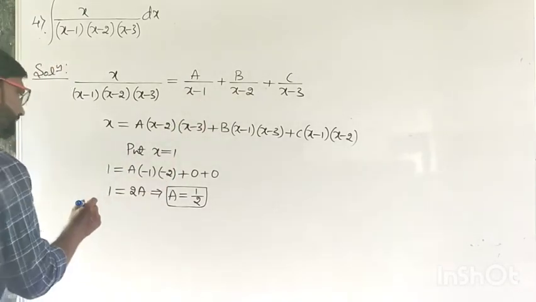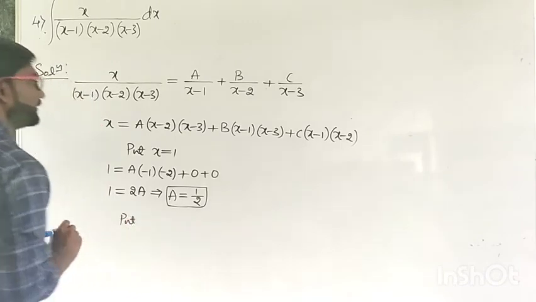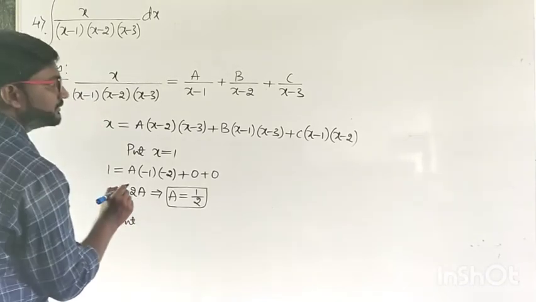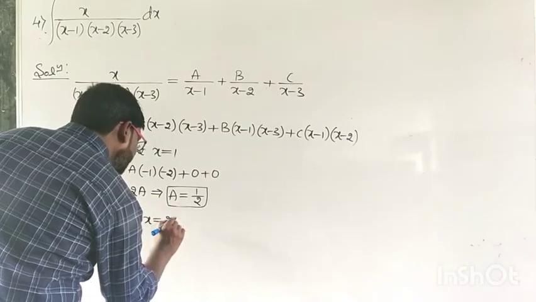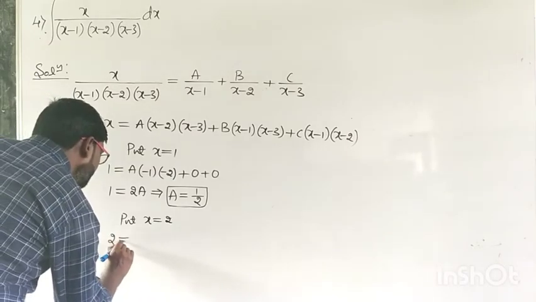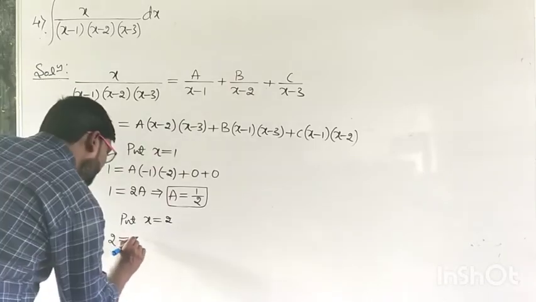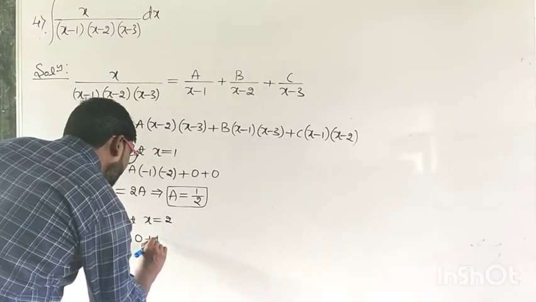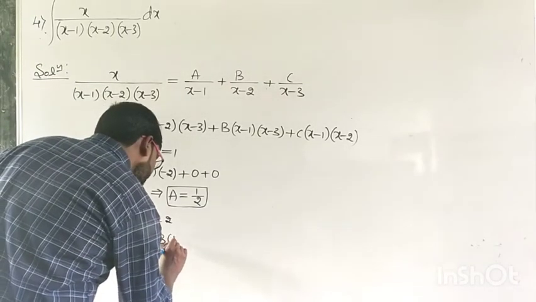So I go for put x equal to 2. Put x equal to 2. So the LHS becomes 2 now. 2 is equal to, so if you put 2, this becomes 0. So 0 plus b, 2 minus 1 it is 1.